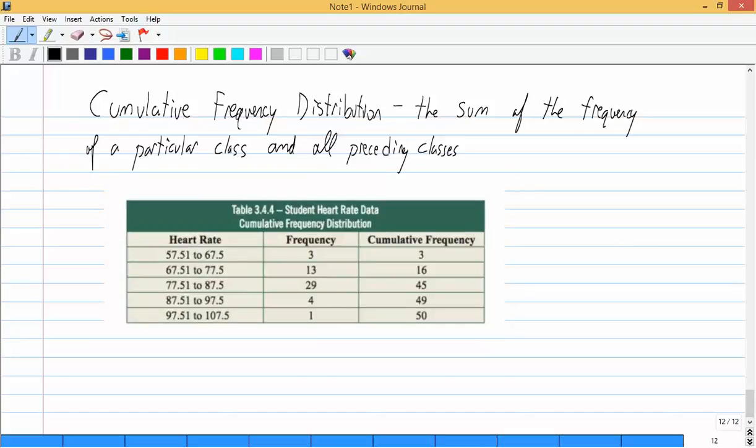Alright, so here are their classes. Here are the frequencies, and then you can see the cumulative frequency. The first class is 3. The next class is 3 plus 13, so you get 16. The next class is 16 plus 29, so you get 45. The next class is 45 plus 4, you get 49. The last class is 49 plus 1, it's 50.